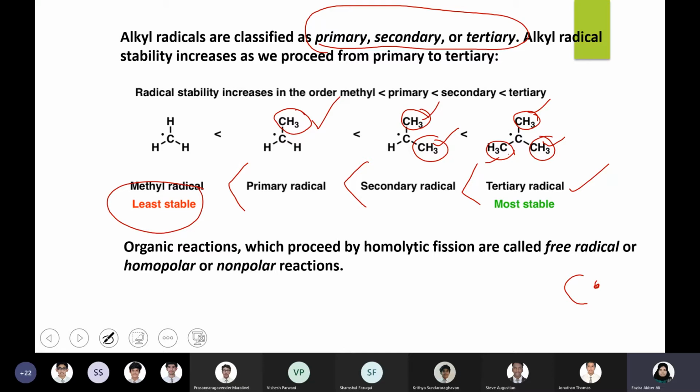And the stability order is tertiary being more stable, primary less stable, and the least stable is the simplest free radical, that is the methyl radical.